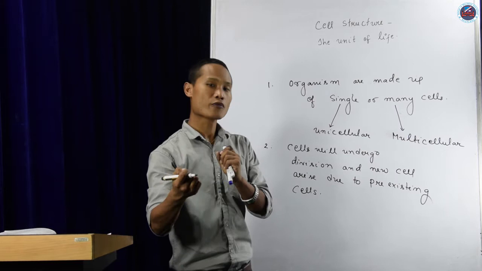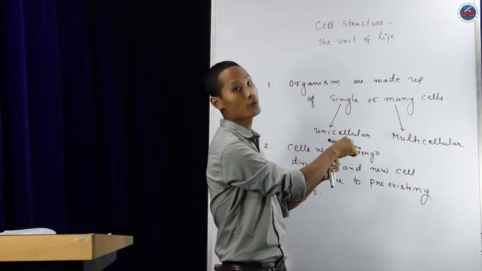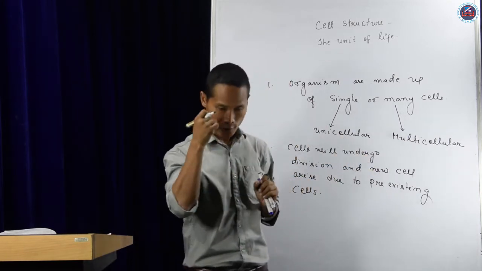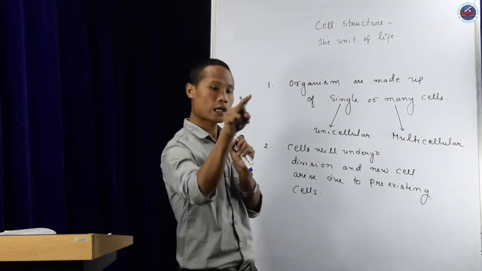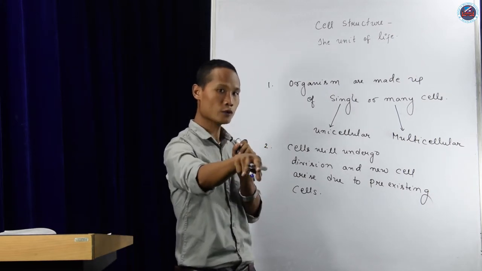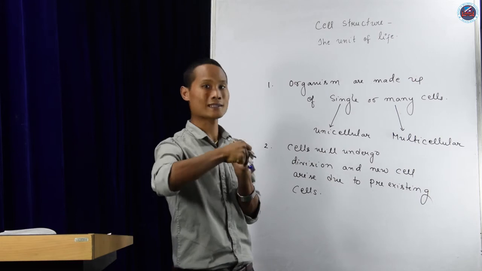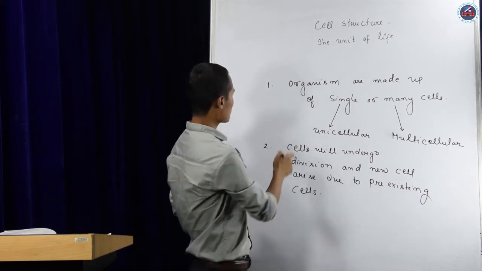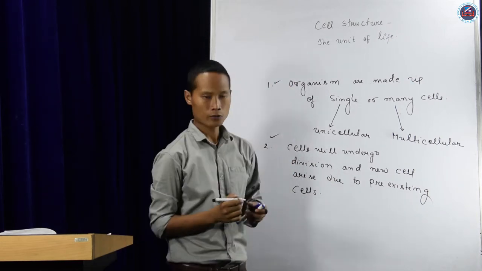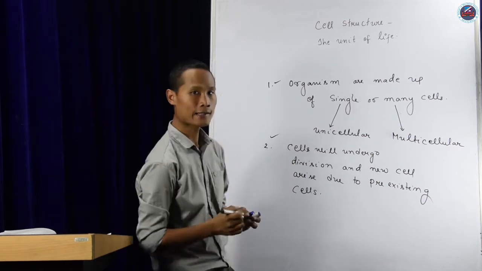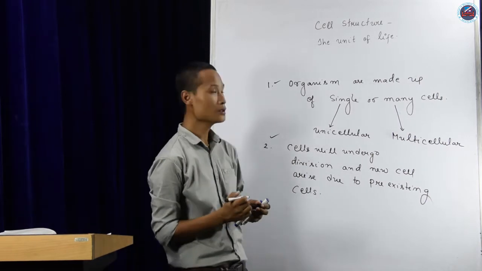No new cells can be formed if there are no existing cells. If one cell exists, the two new ones that have evolved are because of the old cell. So these are the two important postulates given by Schleiden and Schwann.